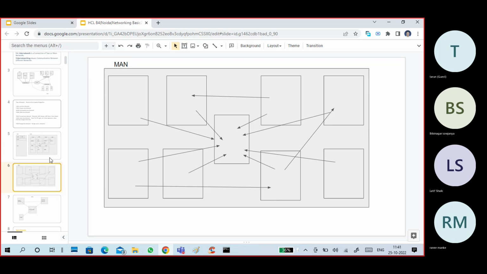Whatever it is, within the city, different departments, like the fire department, hospital department, or police department, will connect and communicate with each other.